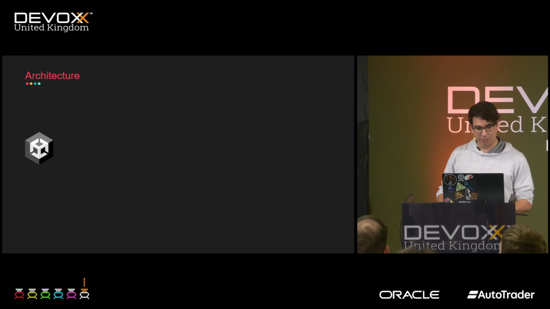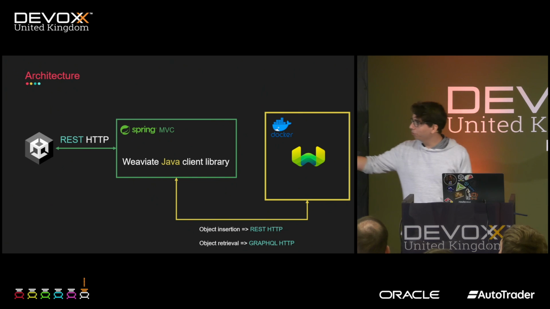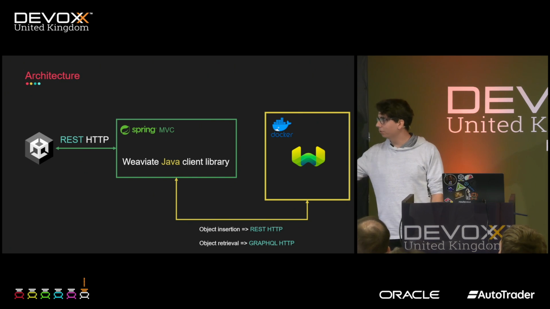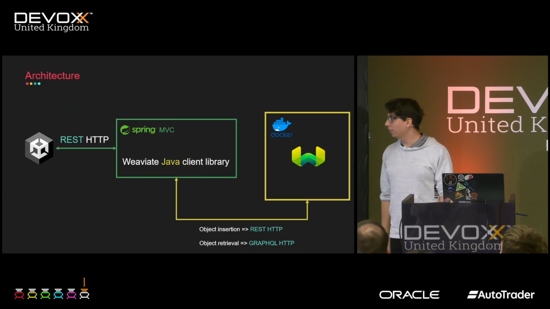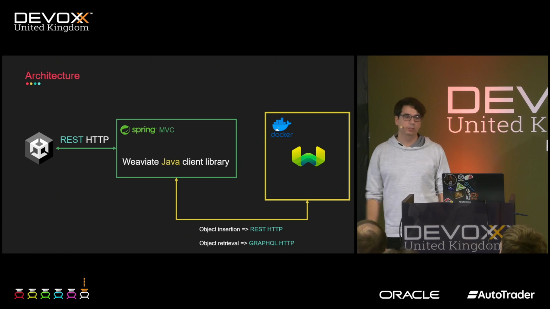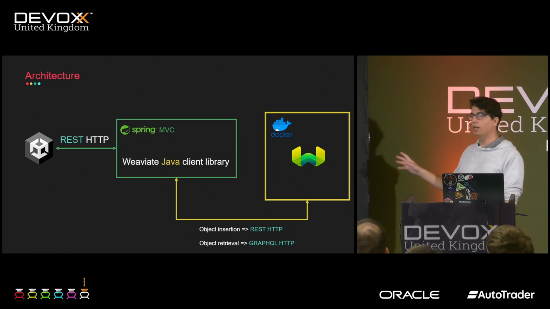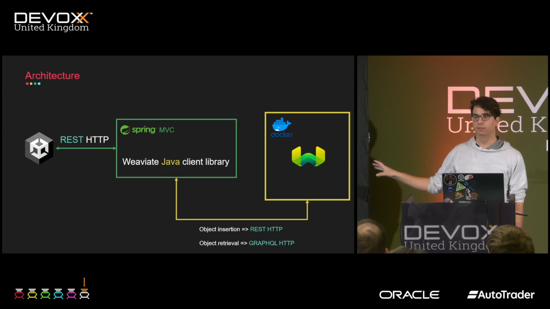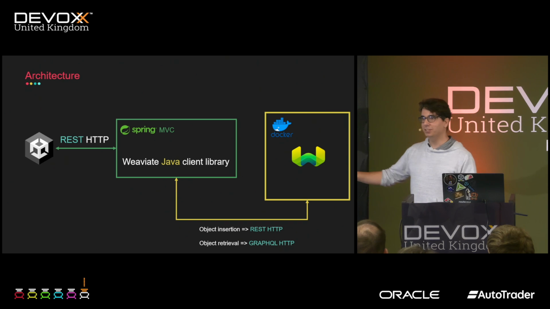All right, so the architecture. It's pretty simple, I think. Through a REST client, we'll be talking through Unity to our backend. There we have the Java client library for Weaviate, which is doing GraphQL or REST calls to the Docker container where Weaviate resides. Any architects here? And then people are saying, is architecture a dying profession?